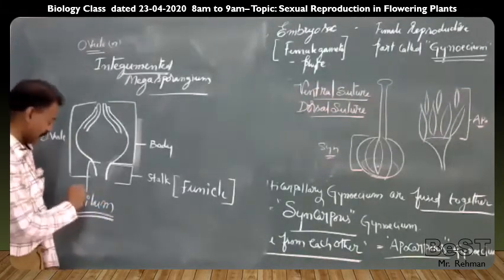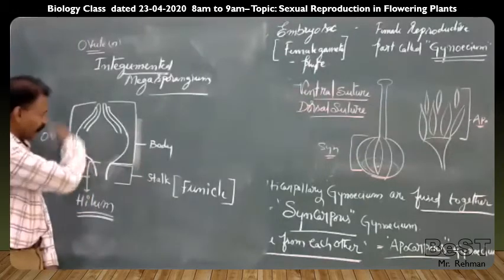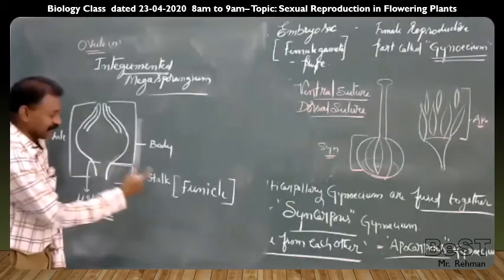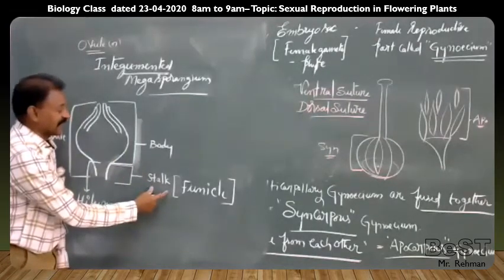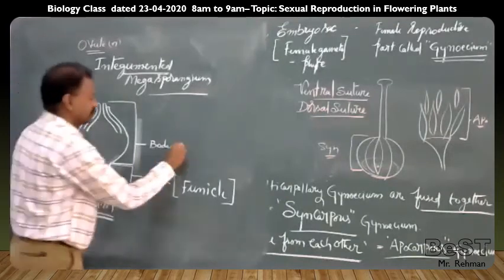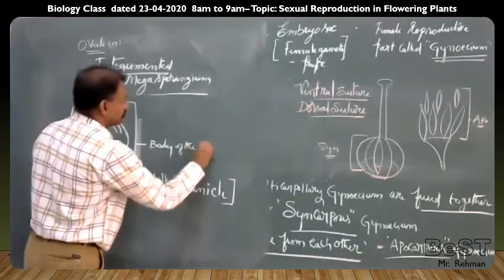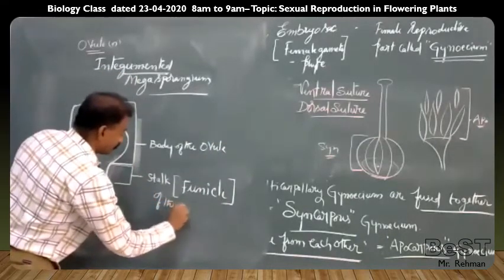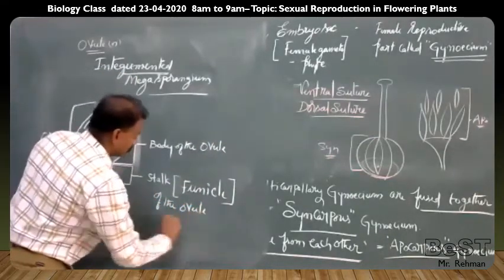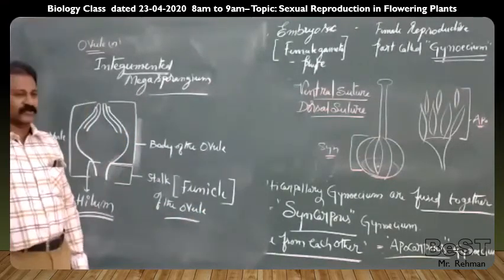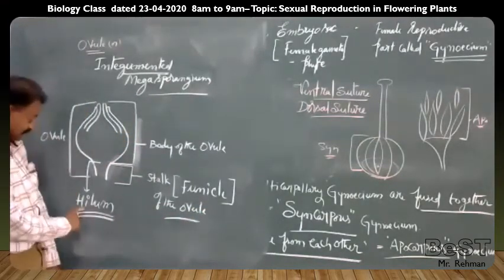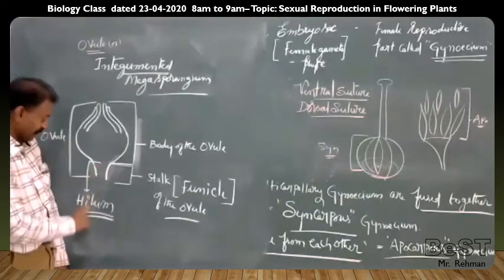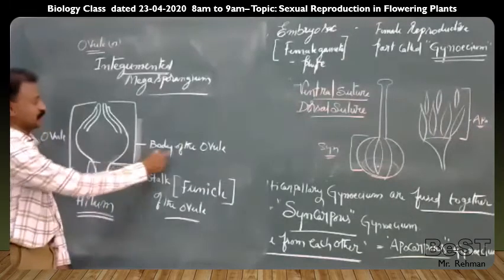Hilum is the region in the ovule where the stalk of the ovule is attached to the body of the ovule. Like our head is attached to our thorax body, neck is there, like that. Hilum is the imaginary region where the stalk is attached to the body of the ovule.